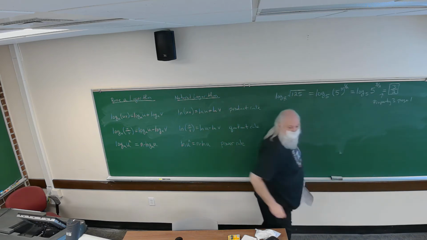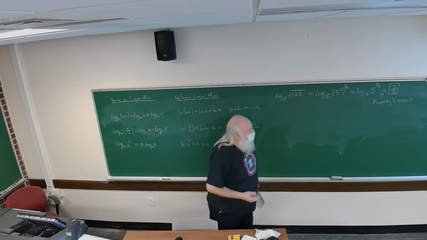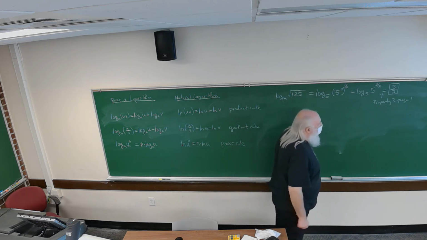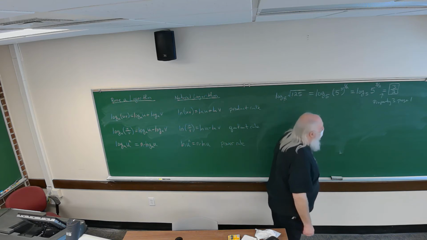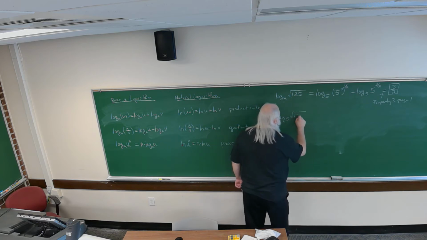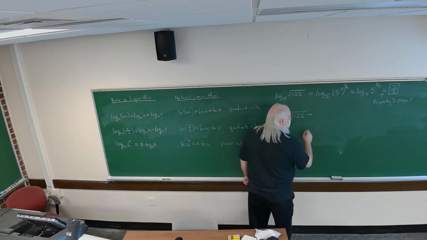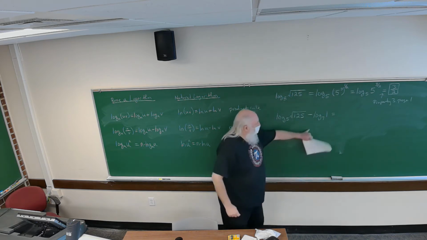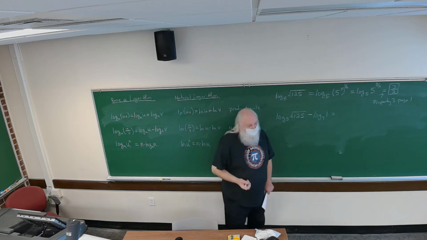Any questions on that? Yes, ma'am. Is that the answer, with the minus the log? Oh, how did I forget that? Dadgummit. I was so focused on the first part, I forgot the second part. So what's log base 7 of 1 equal to?